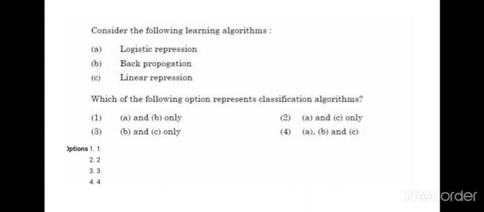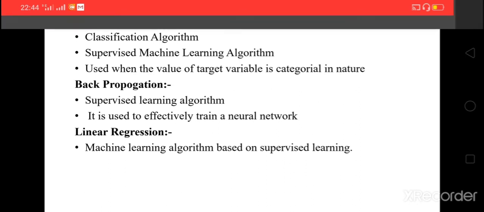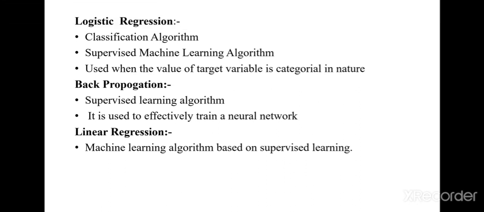So here we can identify what a logistic regression is. Logistic regression is a classification algorithm in machine learning. It is used when the value of the target variable is categorical in nature. It is mostly used when the data in question has a binary output, that is 0 or 1, or whether it is present in one class or another.